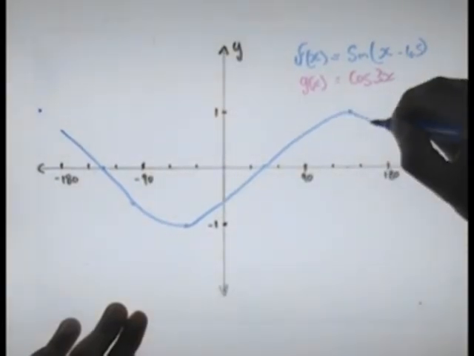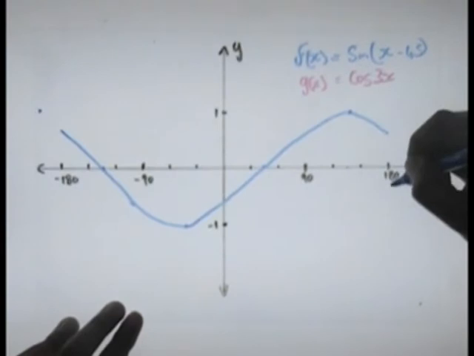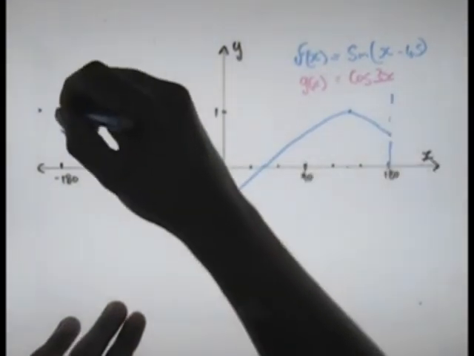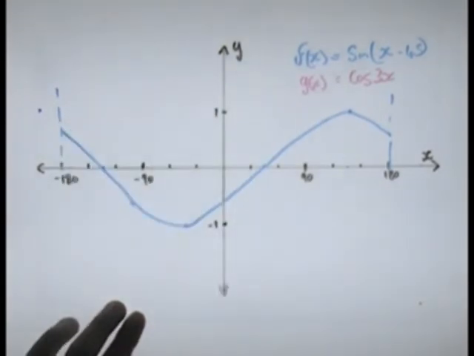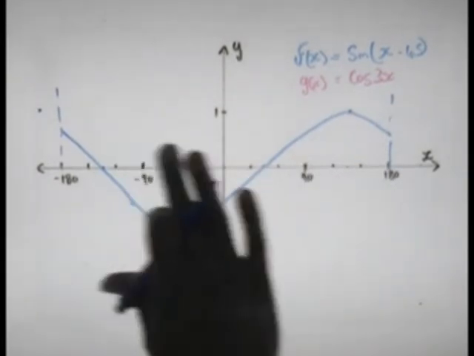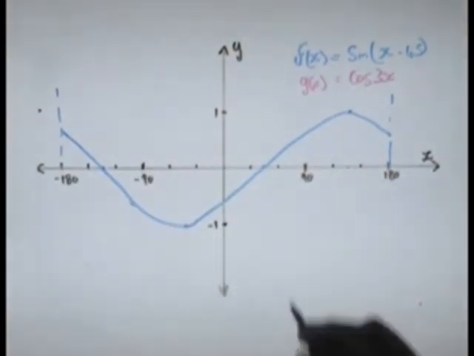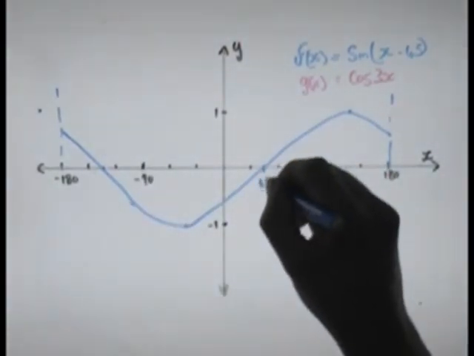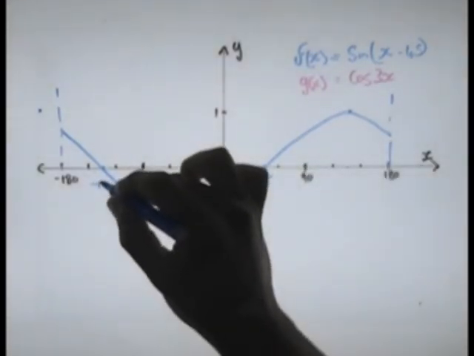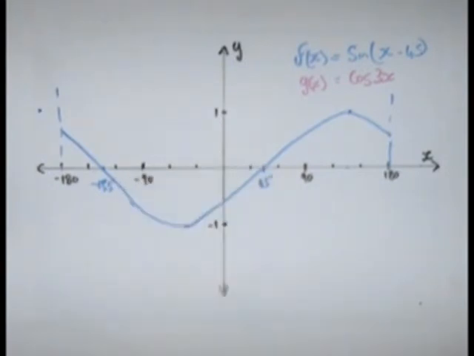Then it's going to start dropping, and it's going to stop at 180 degrees. And the same over here at negative 180. So that's the standard sine of x graph, which has just been shifted to the right 45 degrees. That point is 45 degrees. And that point over there is negative 135 degrees.